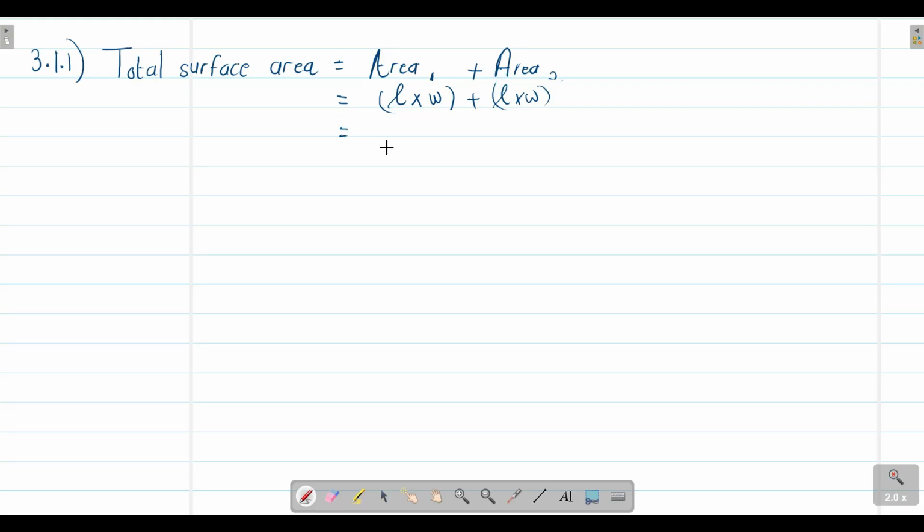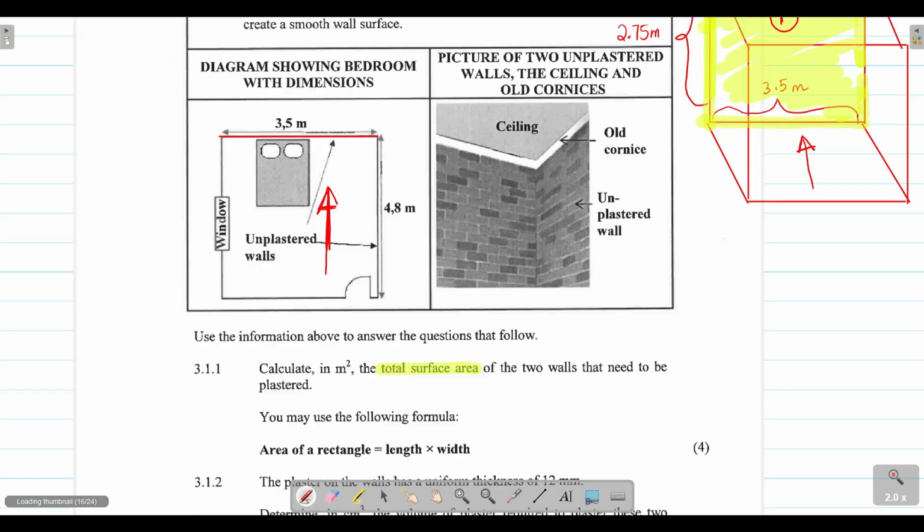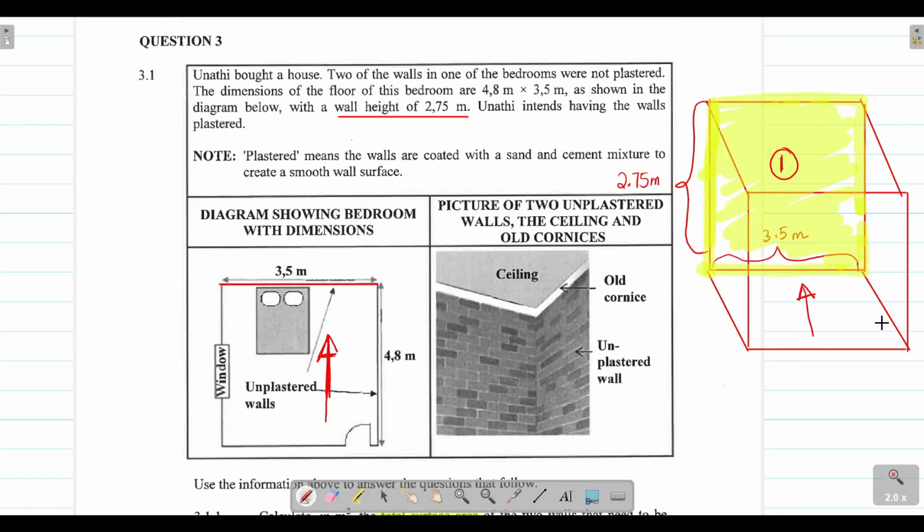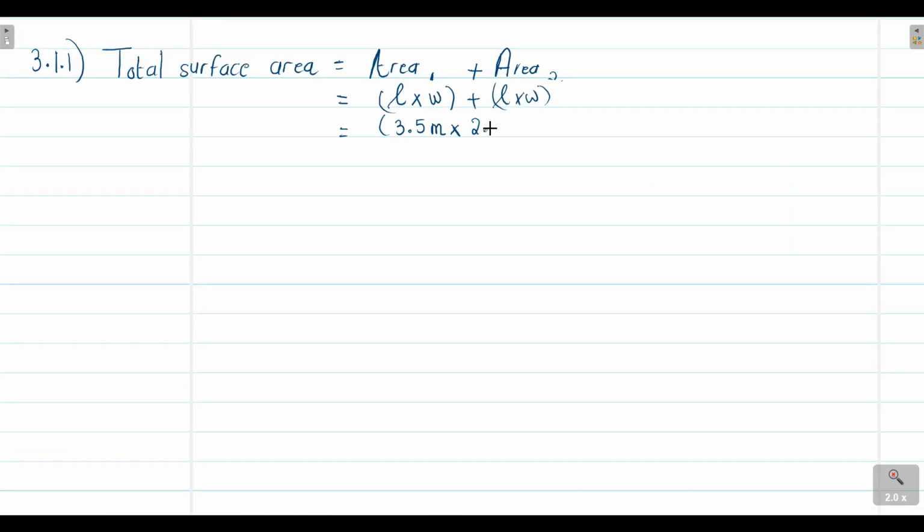What was the length? I mentioned that our length for wall number 1 is 3.5 meters multiplied by the width, which in this case is 2.75 meters. Let's write that down.